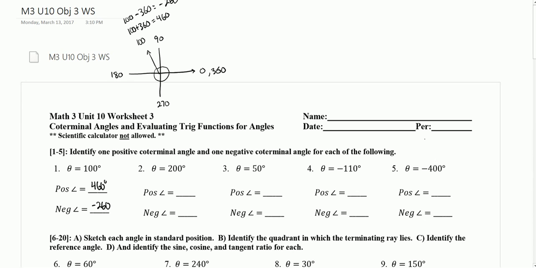I'm going to take that negative 400 and add positive 360 to that. So we're going around a full circle in the positive direction, and we end up with negative 40.